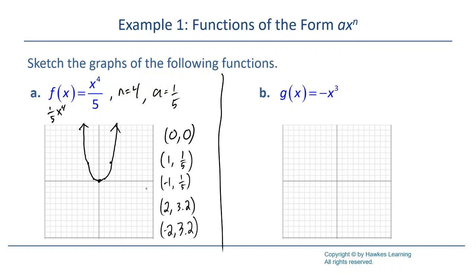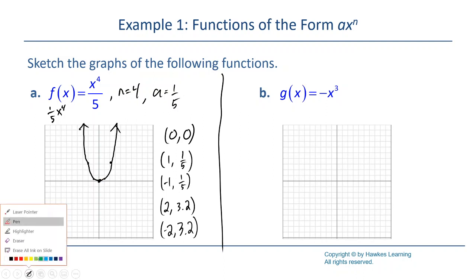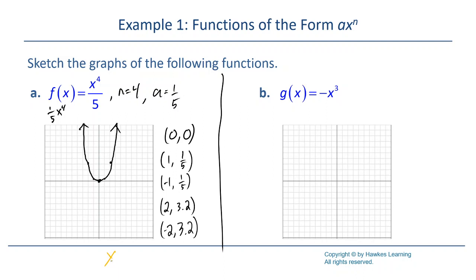And you can notice, let's say I wanted to plot, I'll use orange, the original parent function. So then I know these values. And then, so that's 3, 4, 5, 6, 7, 8.